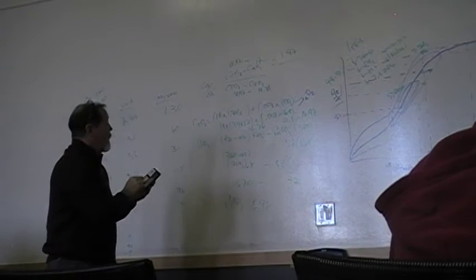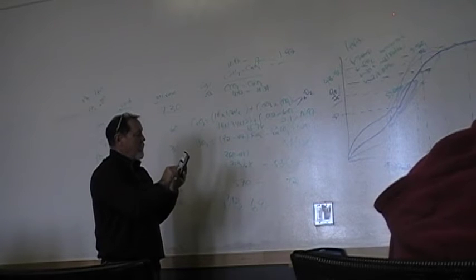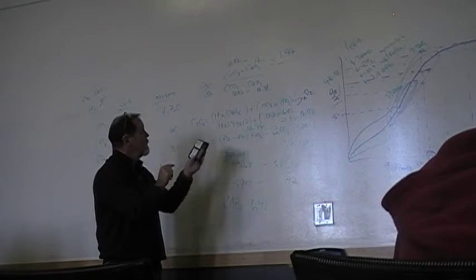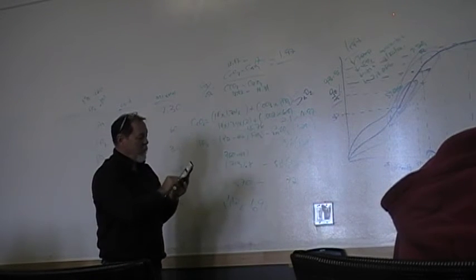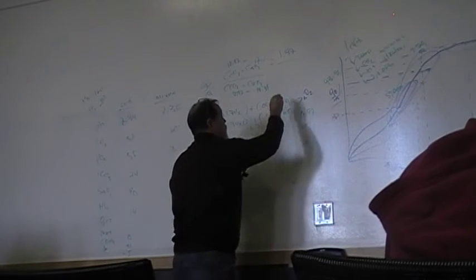And then capillary content 18.97 minus 14.34 equals 4.63.